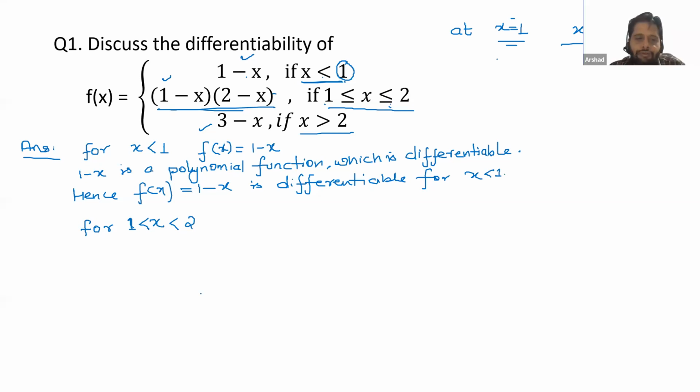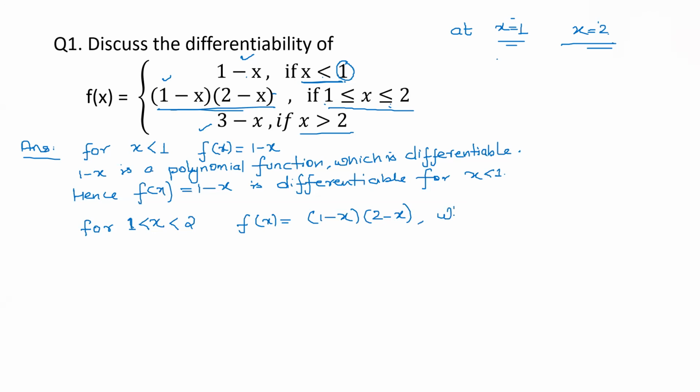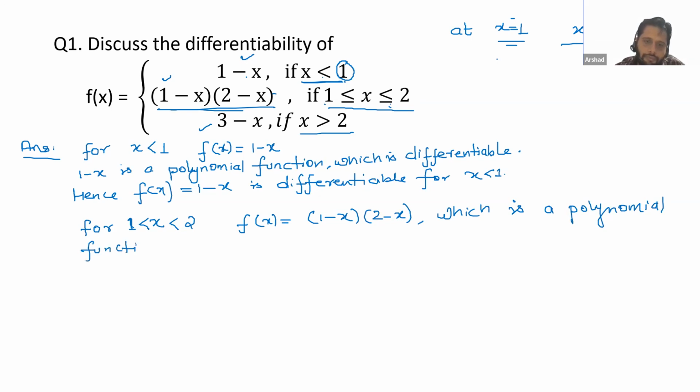Okay, so for x greater than 1 and less than 2, we have f(x) equal to (1 minus x)(2 minus x), which is a polynomial function, and it's differentiable.